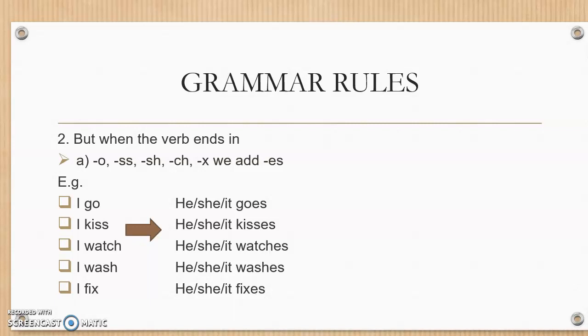So if you use he, she, or it, you have to put es at the end of the verb. He goes, he kisses, he fixes, and so on.